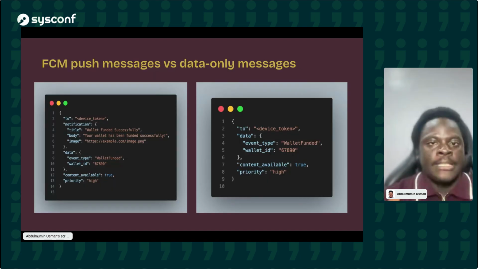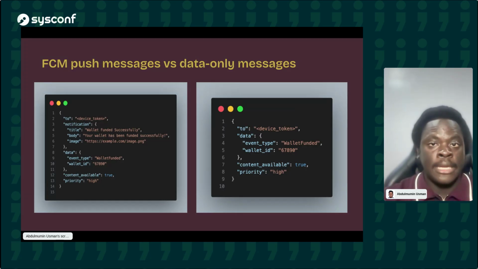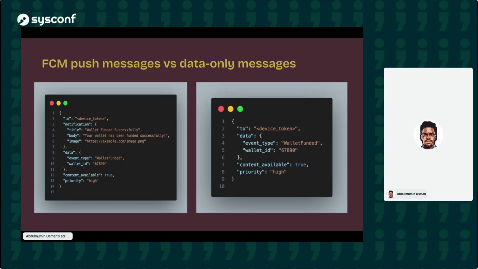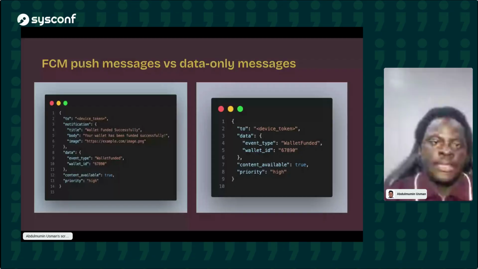So generally, this is the difference, if you've used FCM, that is Firebase Cloud Messaging. A normal FCM push message has a notification field, which signals to FCM that this is a notification, maybe pop up the notification overhead as well.